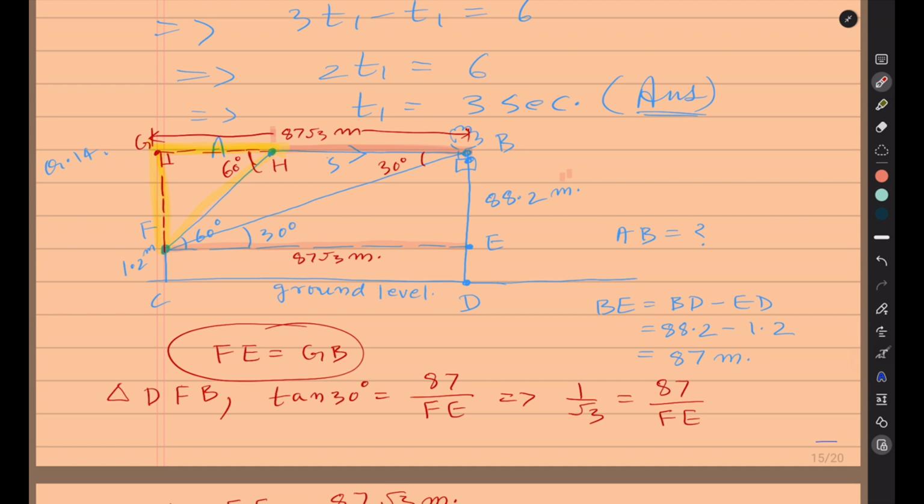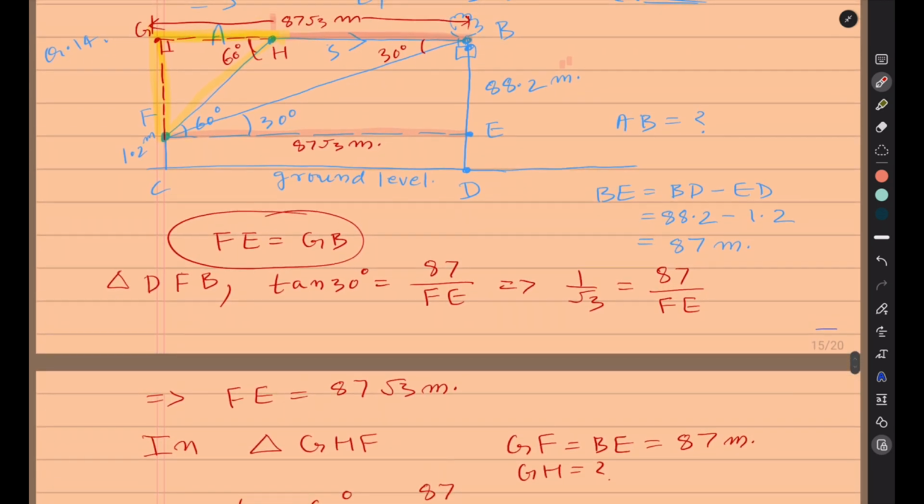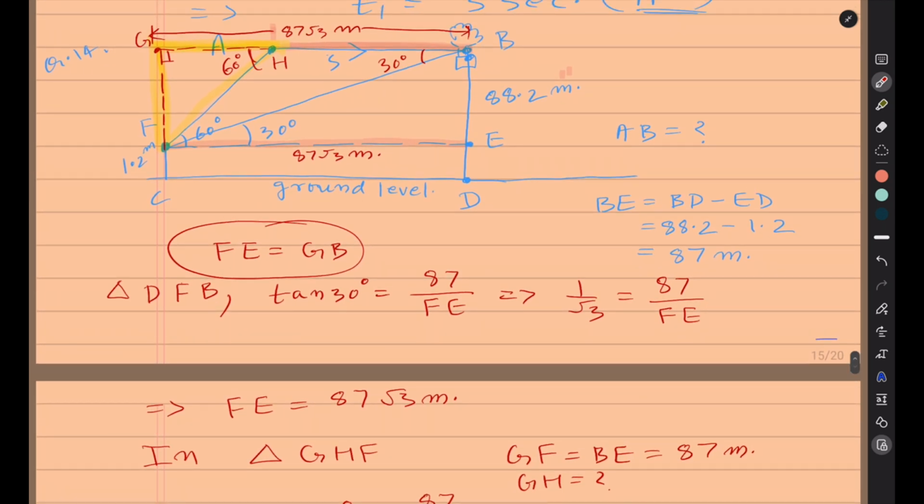But the basic thing which we were required to find was BH, or how much the balloon has traveled, isn't it?